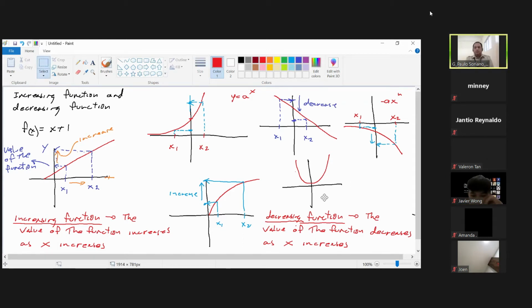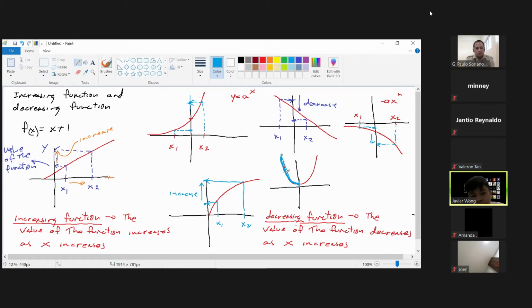Because a portion of it, let's say from here to here, what do you think this one is? Increasing or decreasing? Decreasing.